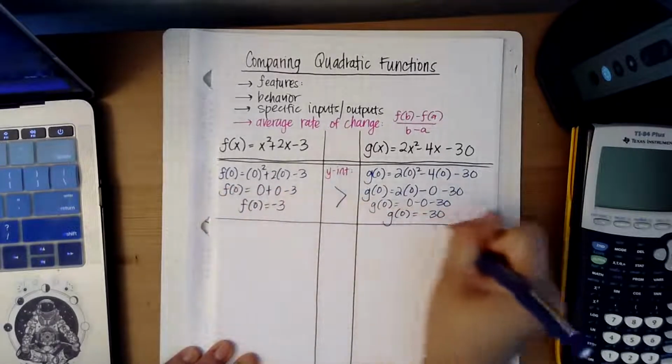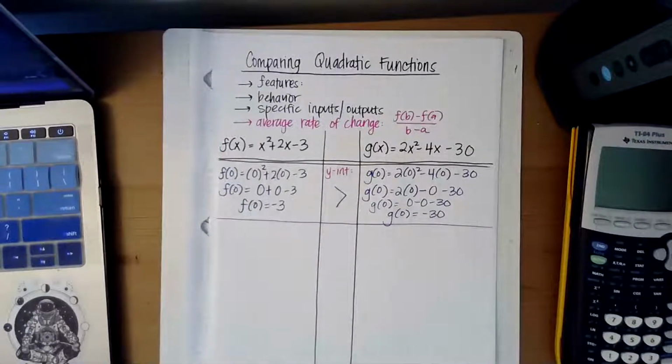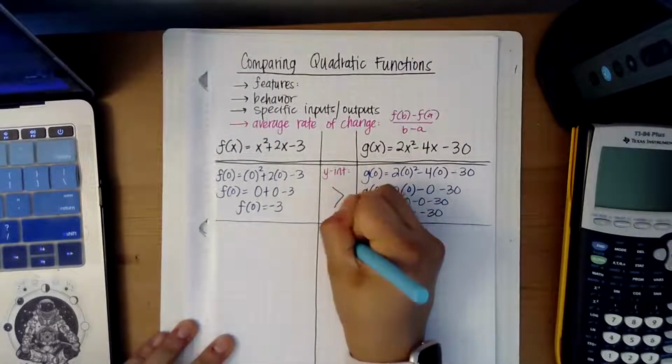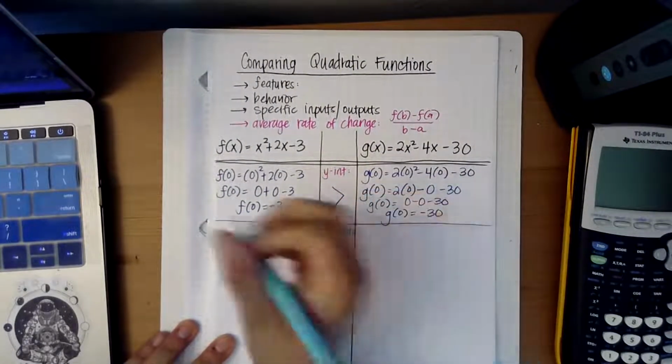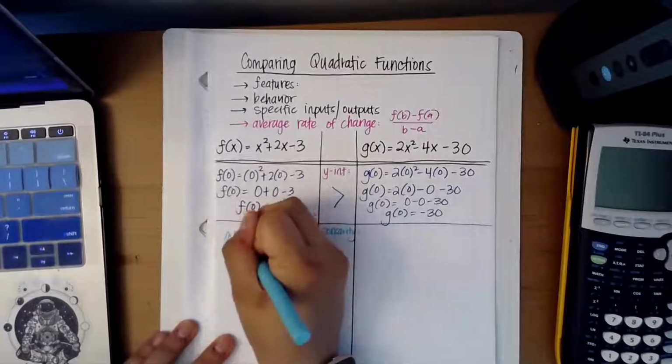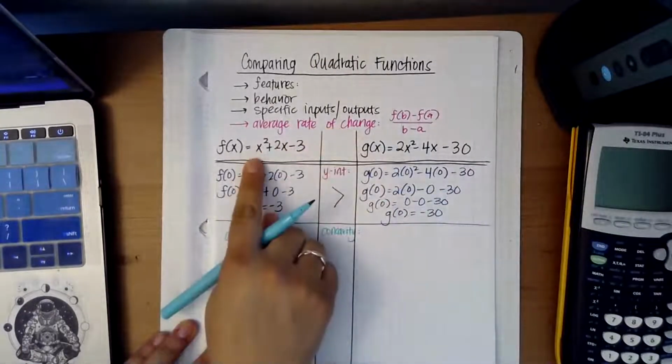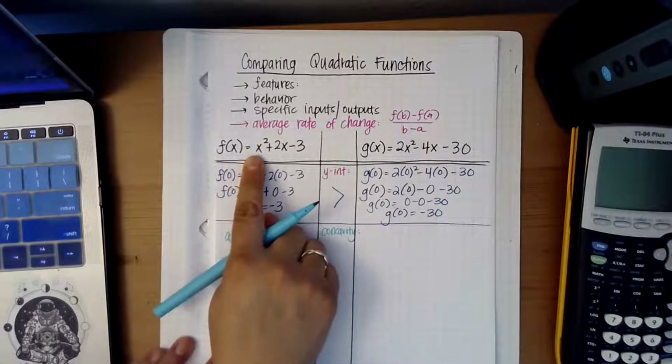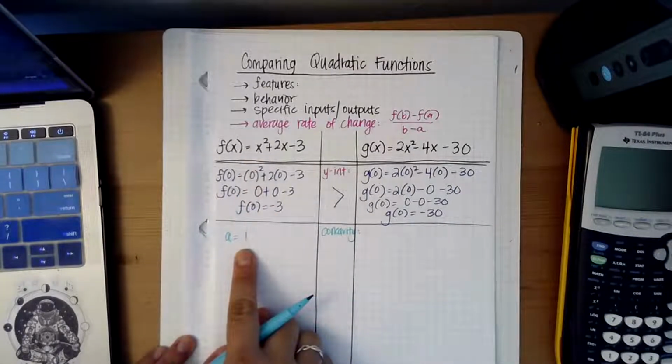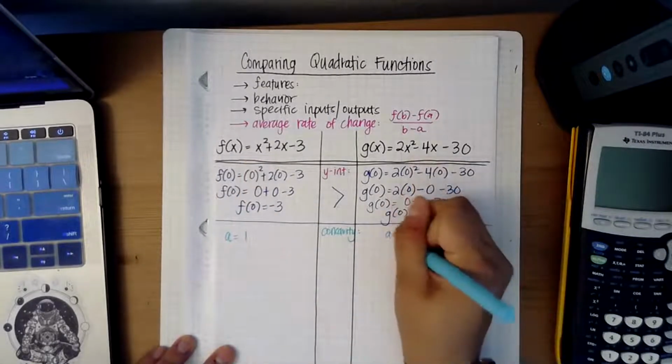That's our first comparison. I'm going to also talk about concavity. Here, my a for f is 1 because this means 1x squared. So my a is 1. Over here, my a is 2.